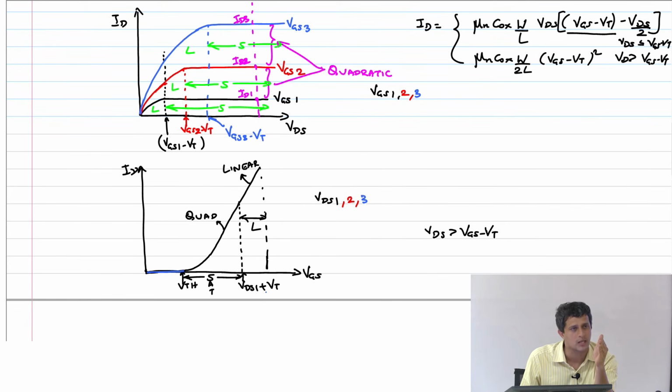Now VDS is higher, VGS has just gone beyond VTH. The current will be greater or lesser than for VDS1? Yes, okay. So you are basically saying that because it starts in saturation, the current will basically be the same till that quadratic region, right?